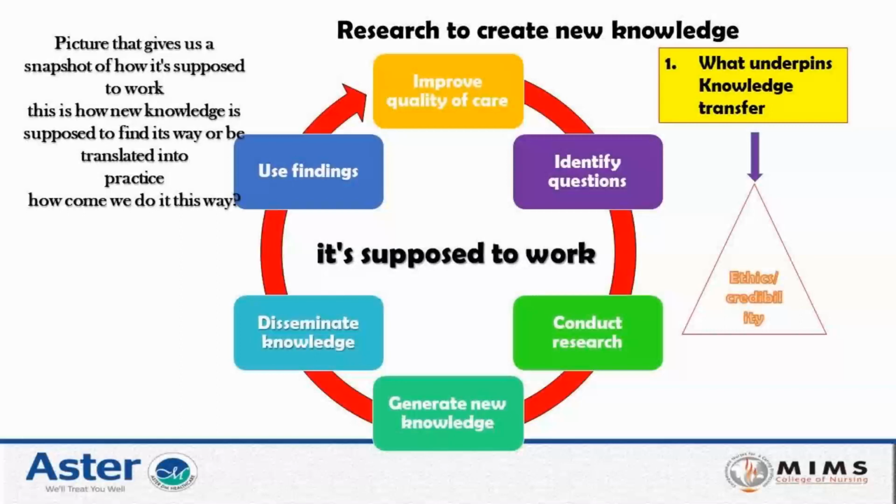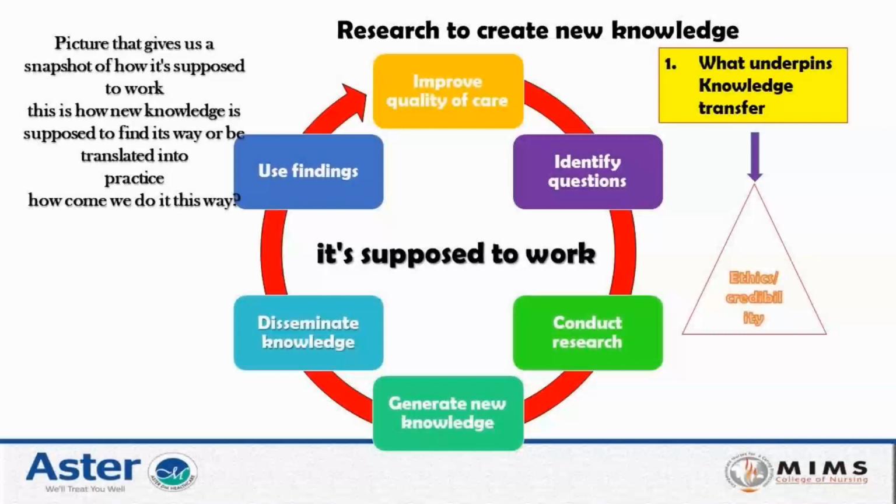And these findings will help you to improve the quality of care. So it works like that. But remember that once you create new knowledge, your knowledge should underpin ethics and credibility. That is very important. Knowledge coming from a research which is not done ethically and with credibility, the findings cannot be used for knowledge translation.